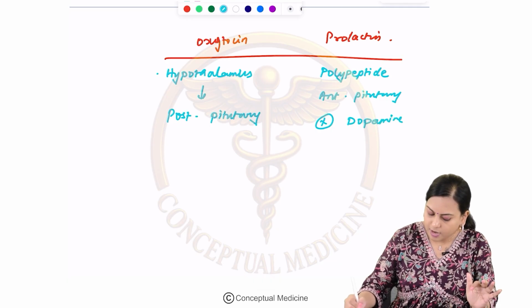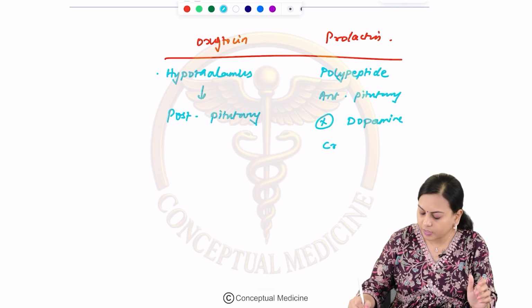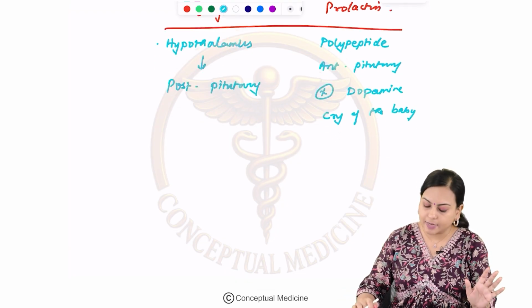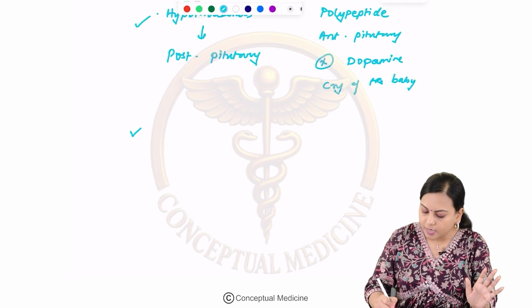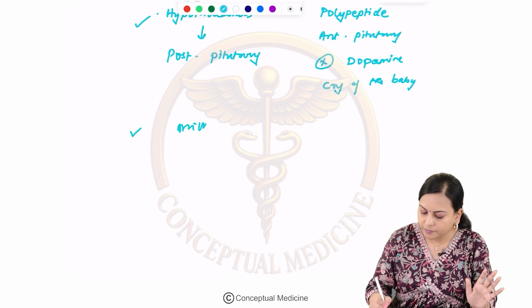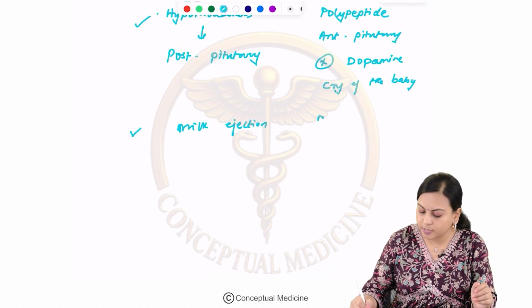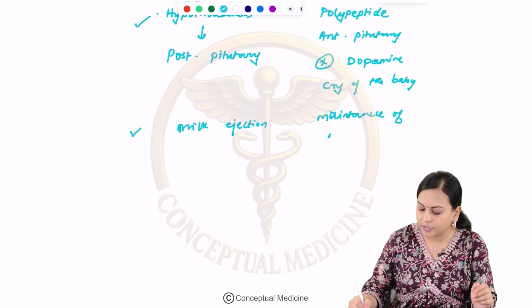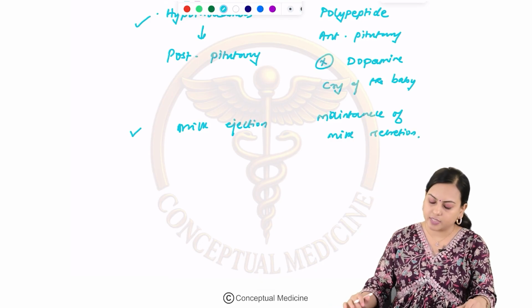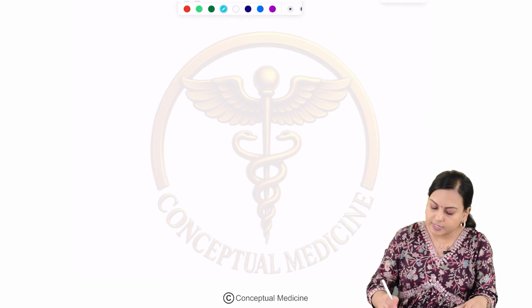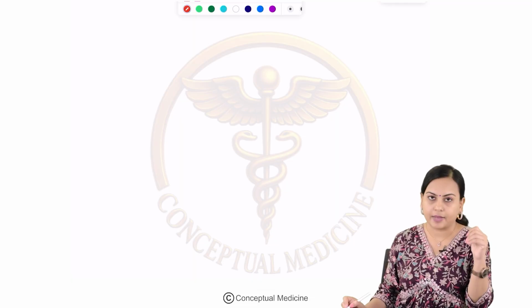Action starts with the cry of the baby. Oxytocin is an important hormone in milk ejection, whereas prolactin is an important hormone in galactopoiesis, that is maintenance of milk secretion. Clear? Yes.